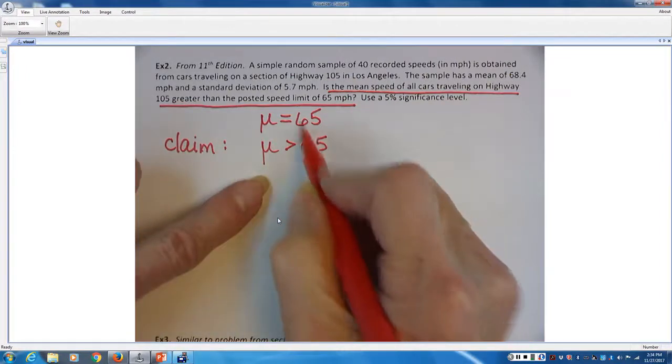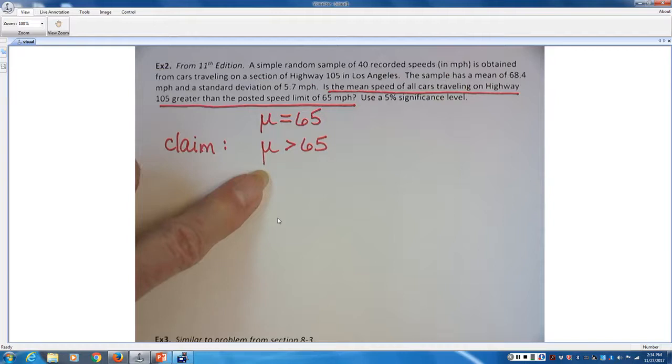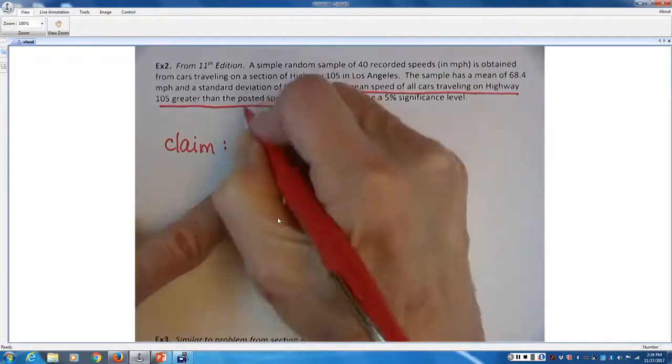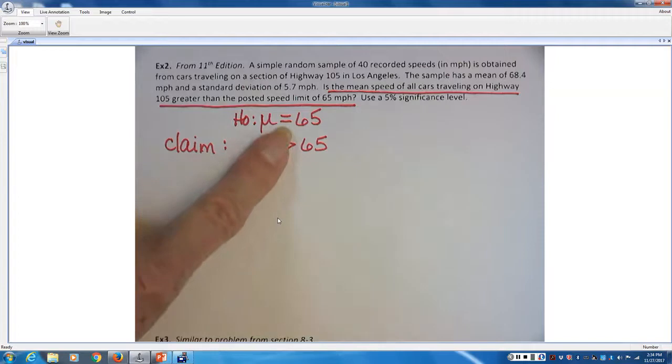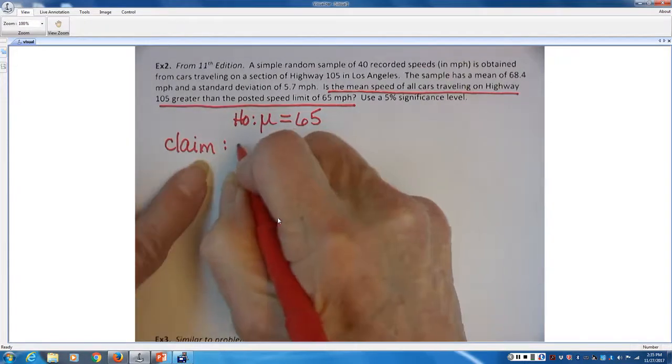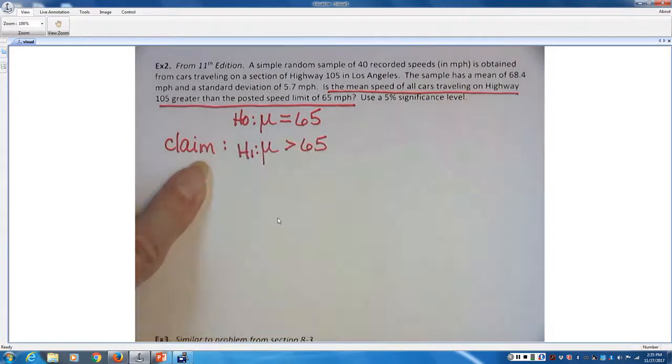So, given these two, which one is H0 and which one is H1? Okay. Because equals always means that's H0. And then once you've assigned H0, you don't have much choice for H1. Okay? Now we're on to the evidence.